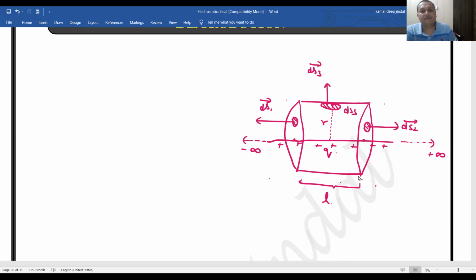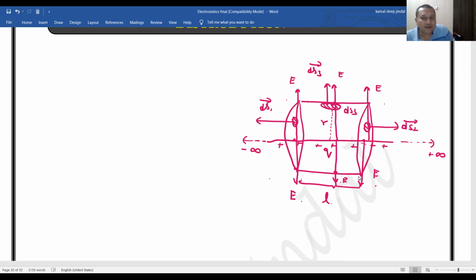Now I make the electric field. Due to this positive charge, the electric field will be perpendicular and straight away. This is electric field, perpendicular and straight away, on each point here, here, here.